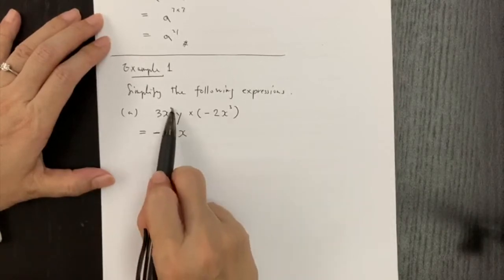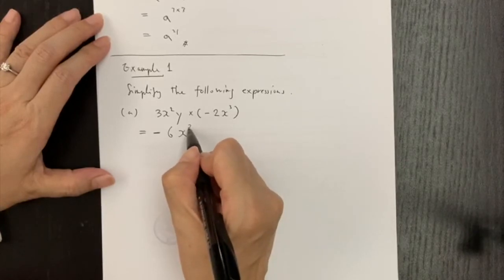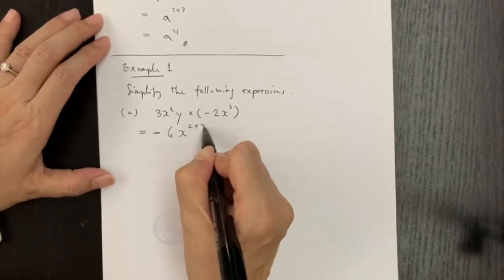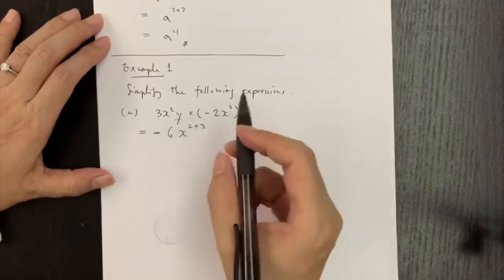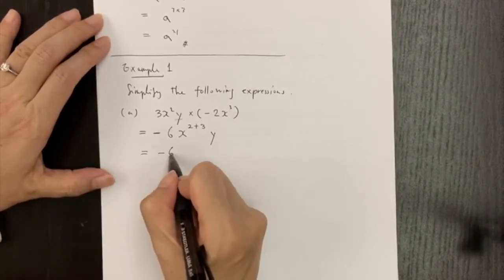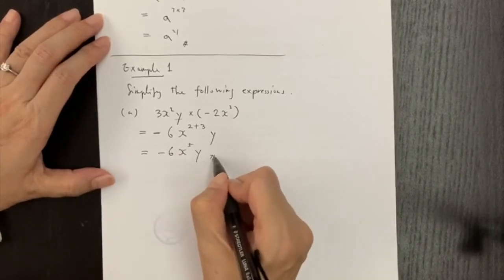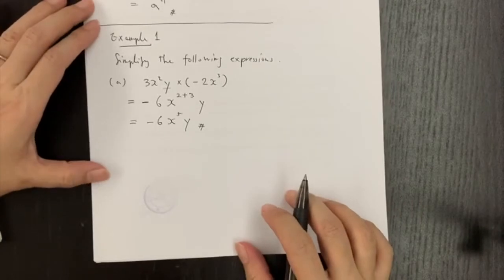So this is x squared times x to the power 3, so which index do we use? We use this one, 2 plus 3. And then what's left here? Y is left. Okay, so the final answer will be minus 6 x to the power 5 y. Okay, so this is the answer of A.